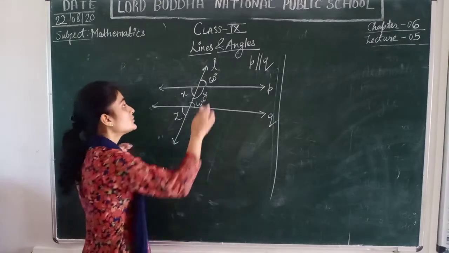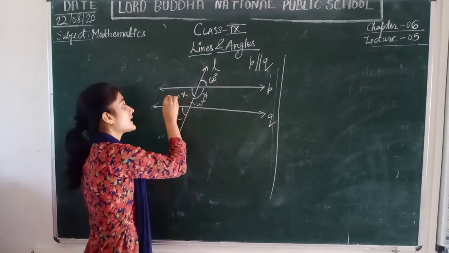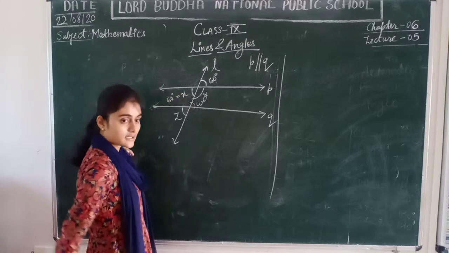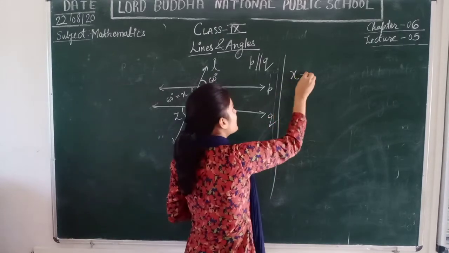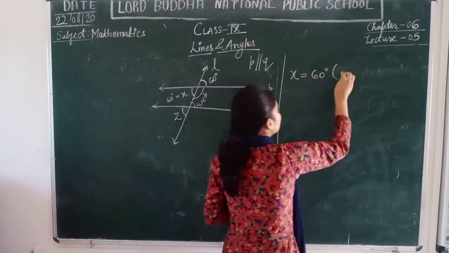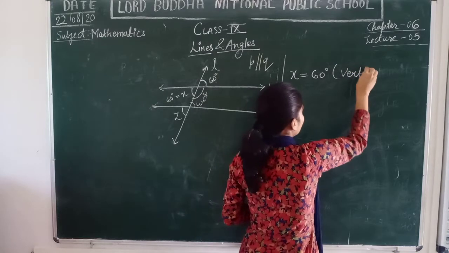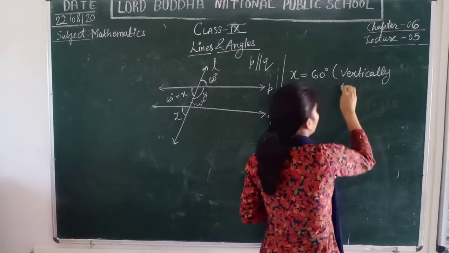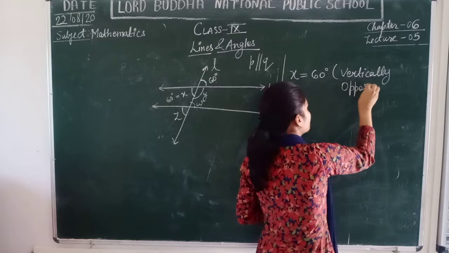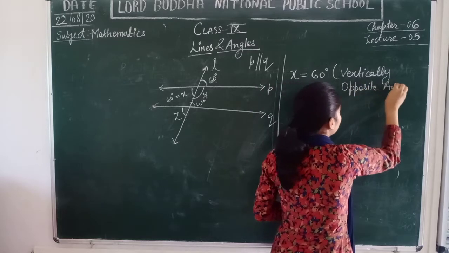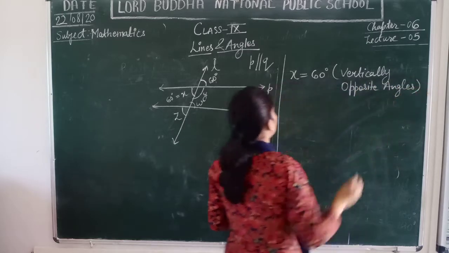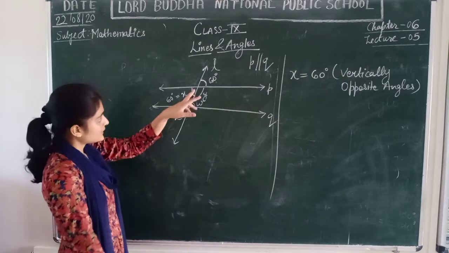Same होती है. तो अगर ये 60 degree है, then this angle will also be of 60 degrees. So you write X equals to 60 degrees, and the reason is they are vertically opposite angles, right? Now moving forward, let's find Y or some other value.